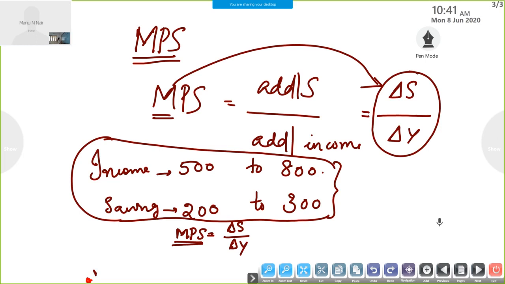So saving increases from 200 to 300. What is additional saving? Delta S is equal to the difference between new level of saving and initial level of saving. So 300 minus 200, that is 100, by additional level of income, that is 800 minus 500, that is 300.